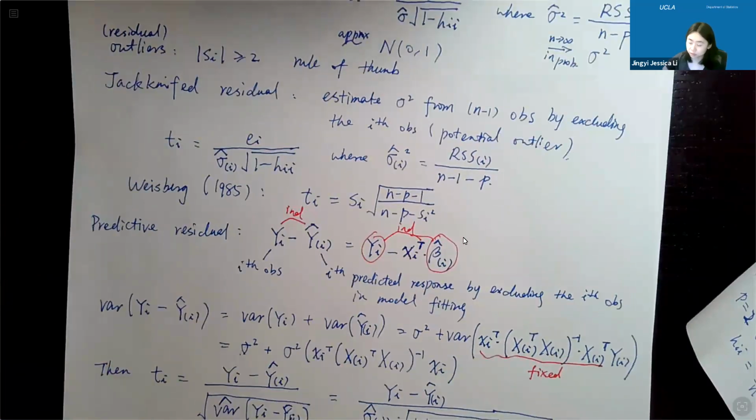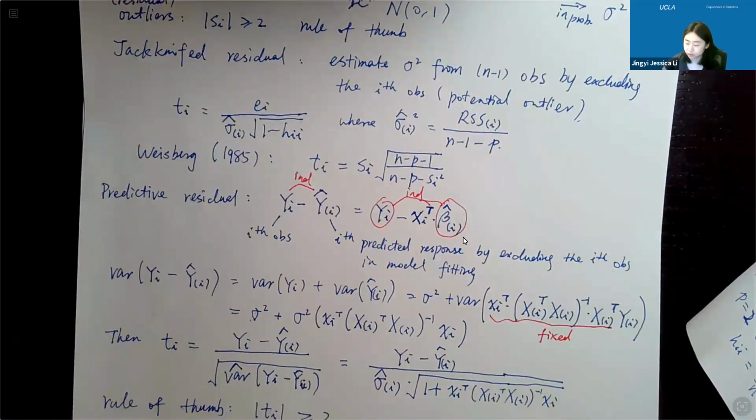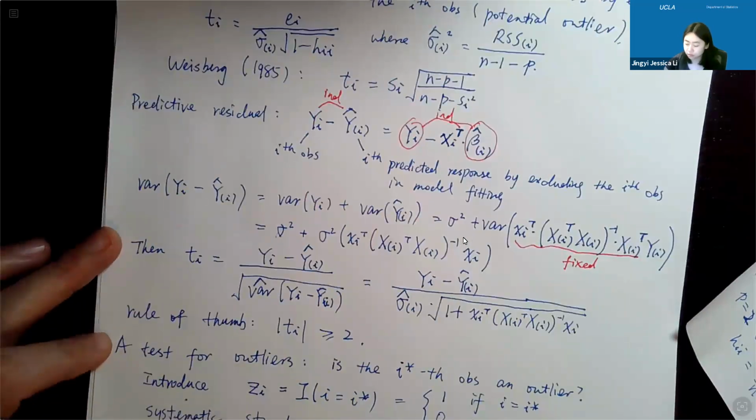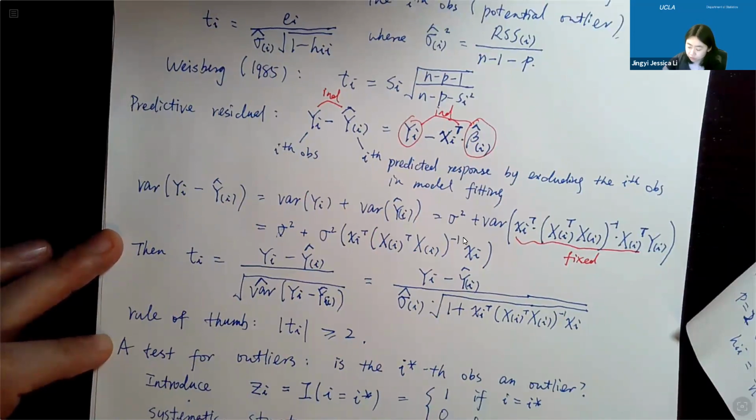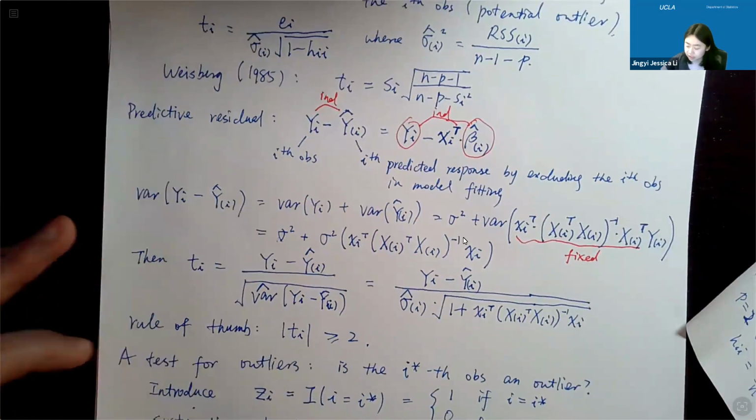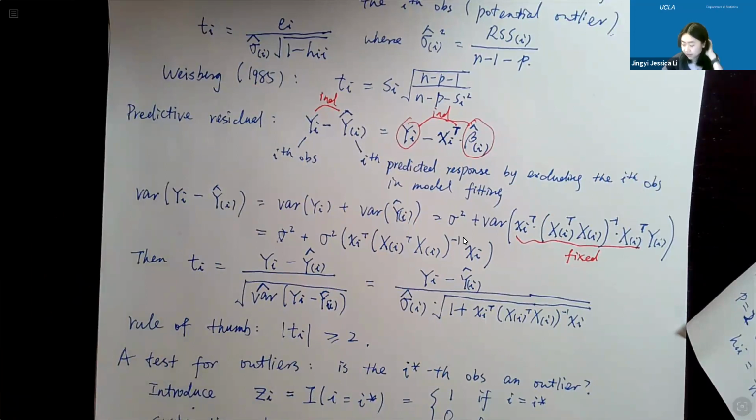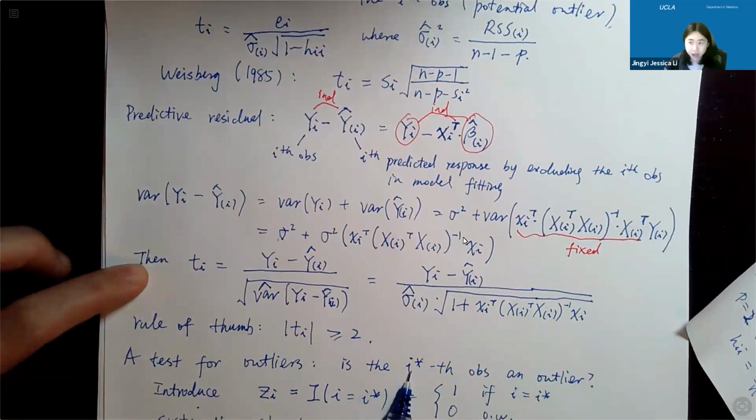And the third approach, which is more model-driven, is to formally test whether a particular observation is an outlier. To do this, you can run the t-test. But one thing I want to say is that it's good to know, especially for our PhD students, and this is currently a very important research area in statistics: when we want to say whether the i star observation is an outlier, this i star should not be picked by the data.